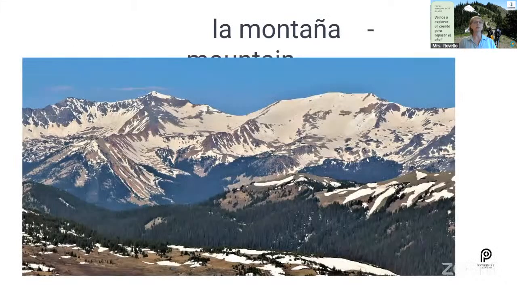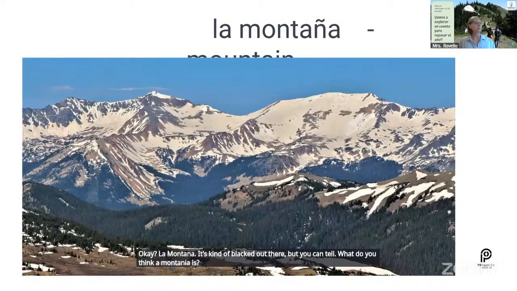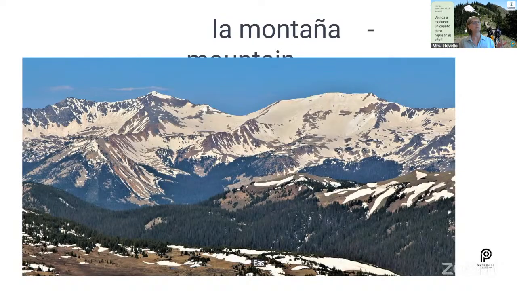Okay, la montaña is kind of blacked out there, but you can tell. What do you think a montaña is, clase? Easy one. What's a montaña? A mountain. Remember, you have the little tilde, little squiggly on the end, right? La montaña.